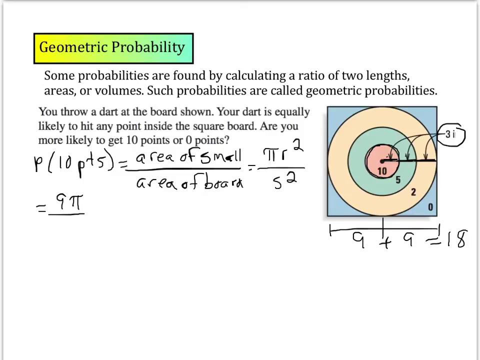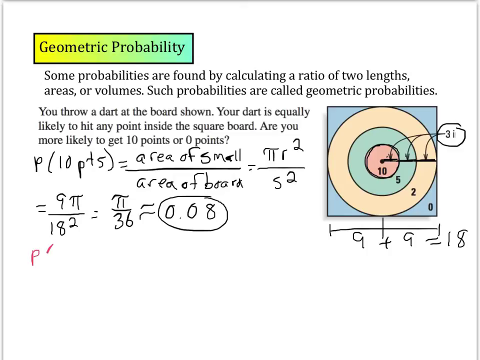So area of a square is a side squared. So it's 18 squared. Now when we do this out, we end up with pi over 36, which is about 0.08. So that's the probability of getting 10 points, so hitting that little red circle.